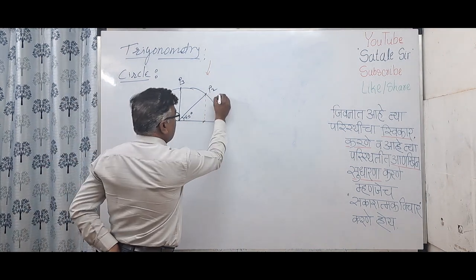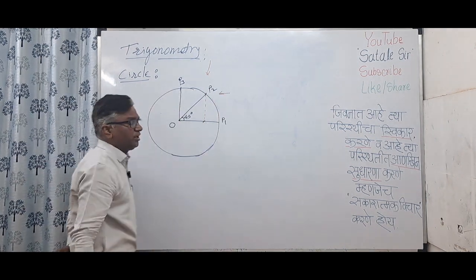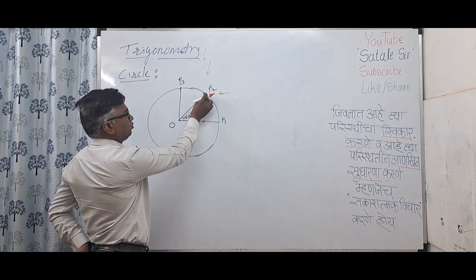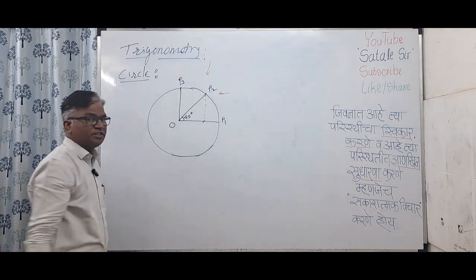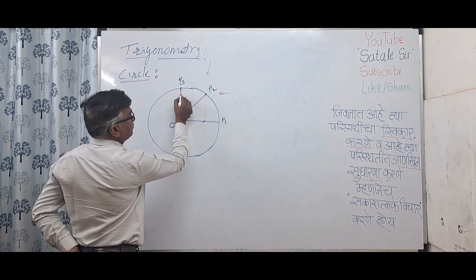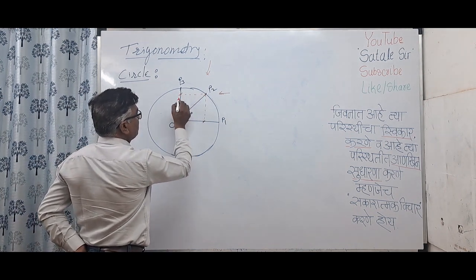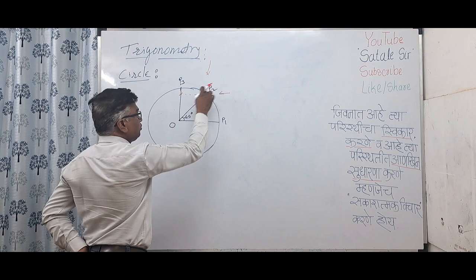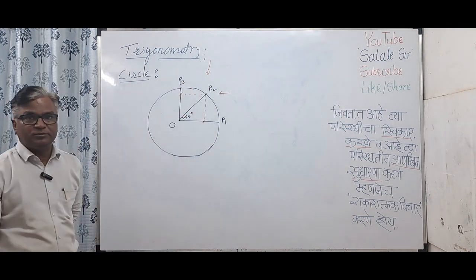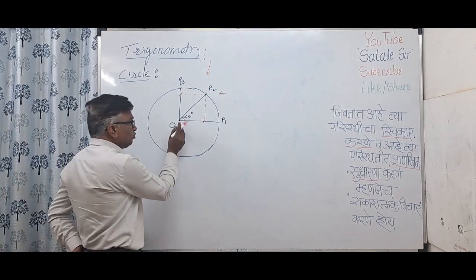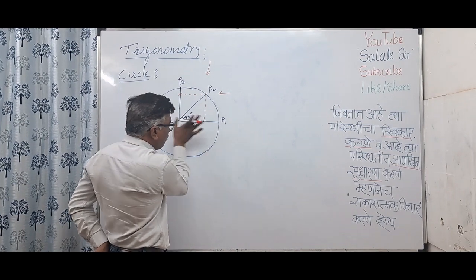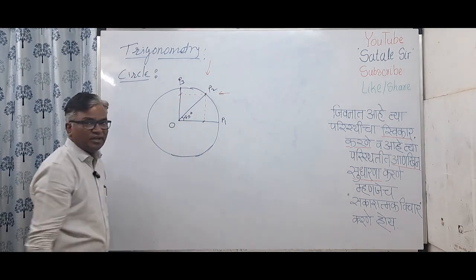Similarly, if I put a torch in this direction, then the shade of P2 falls on line OP3 somewhere here, and this will be called the projection of point P2 on OP3. Now this OP1, you can see, is a horizontal line and this is a vertical line.